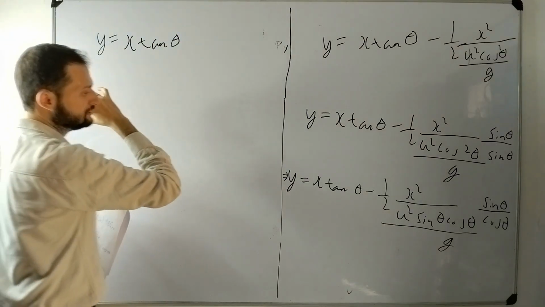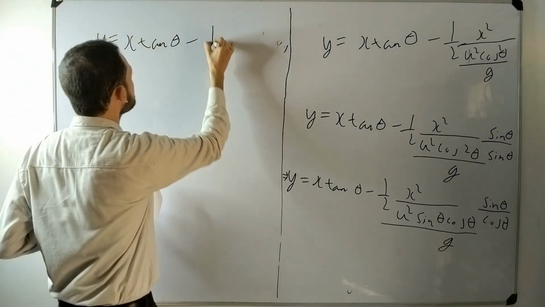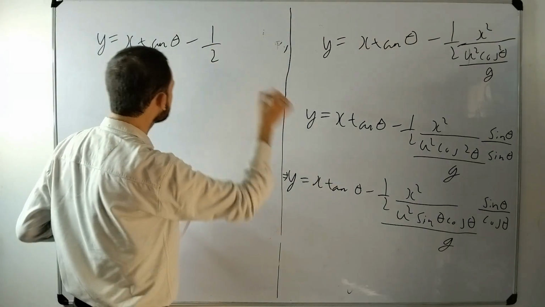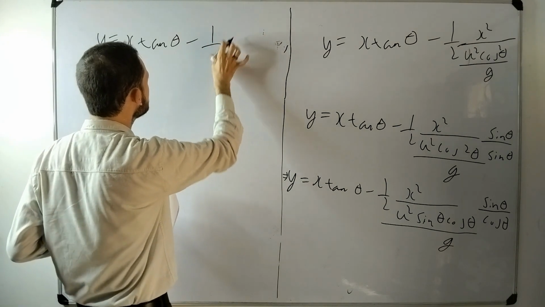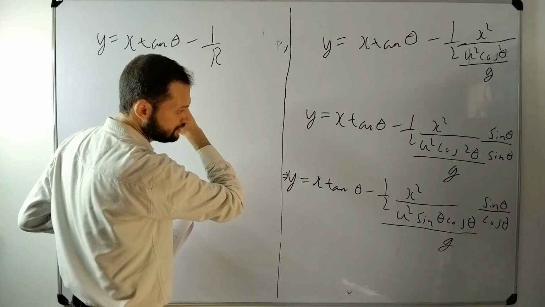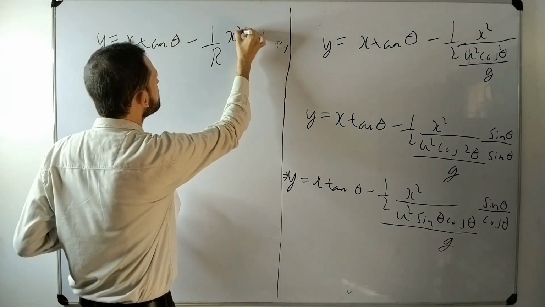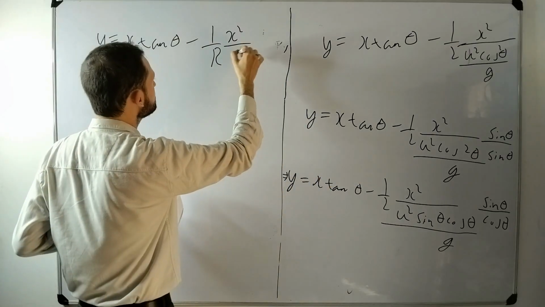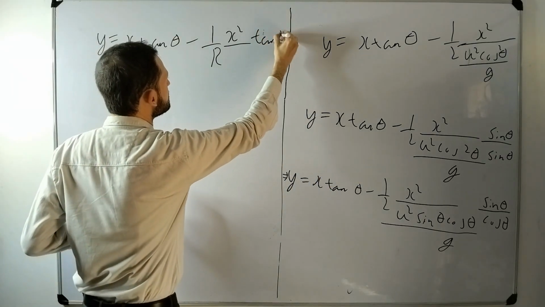x tan theta minus half, this I would write as the range, no? This time I will write range here, minus 1 by R, and this is x, and this is sin theta upon cos theta, which is tan theta, right student?